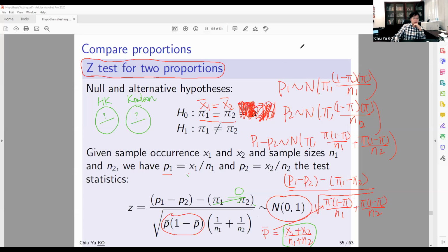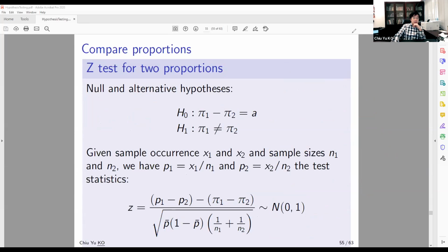The only complicated part is to recall this part. This is the sample proportion, and when you have proportions, this is also the best estimate for the variance of the underlying population, which is given, as you can see on the next slide, by x1 plus x2 over n1 plus n2.